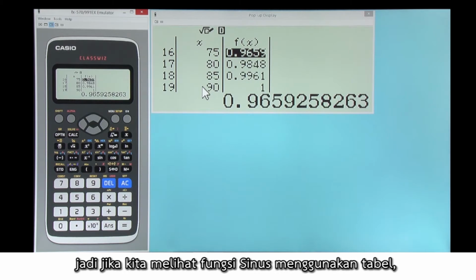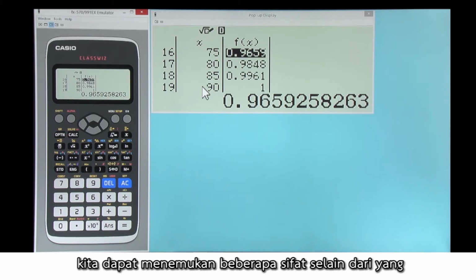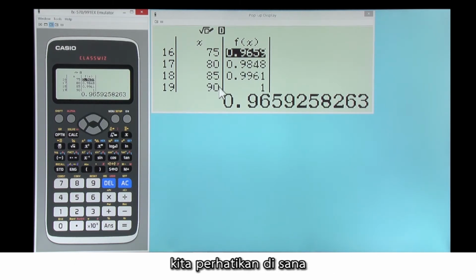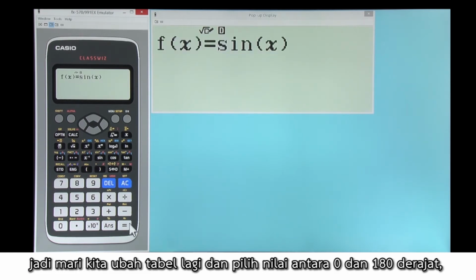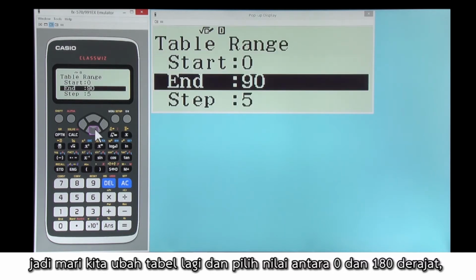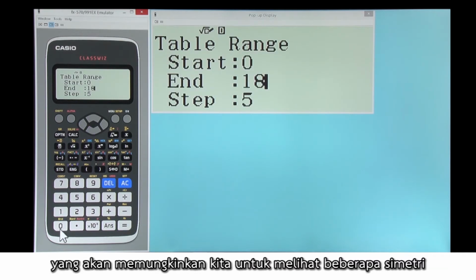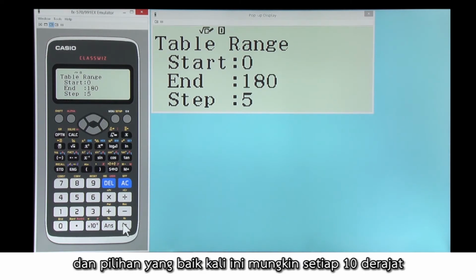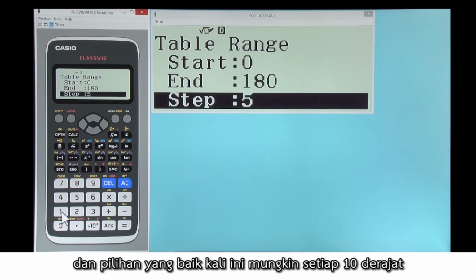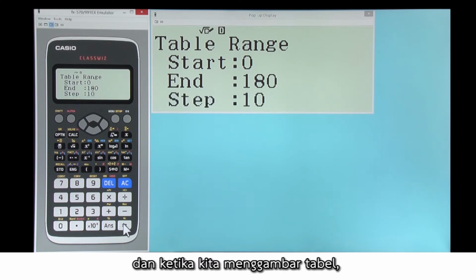So if we look at the sine function using tables, we can see some of the properties apart from the one we just noticed there. So let's change the table again and choose values between 0 and 180 degrees, which will allow us to see some of the symmetries. A good choice this time would be maybe every 10 degrees.